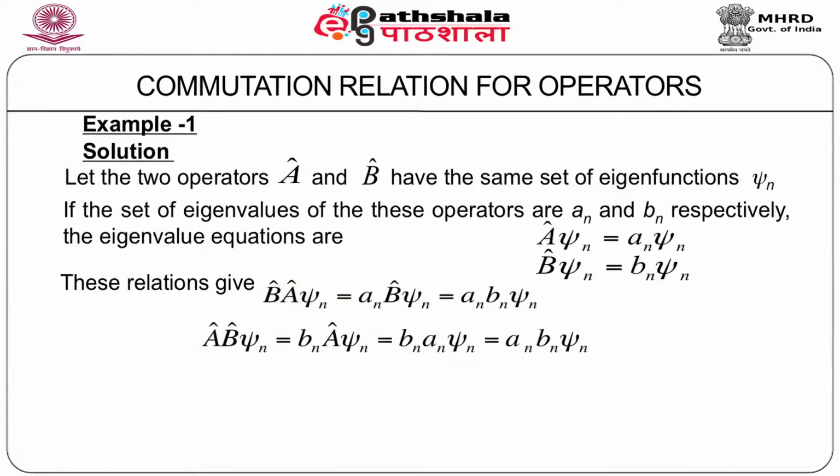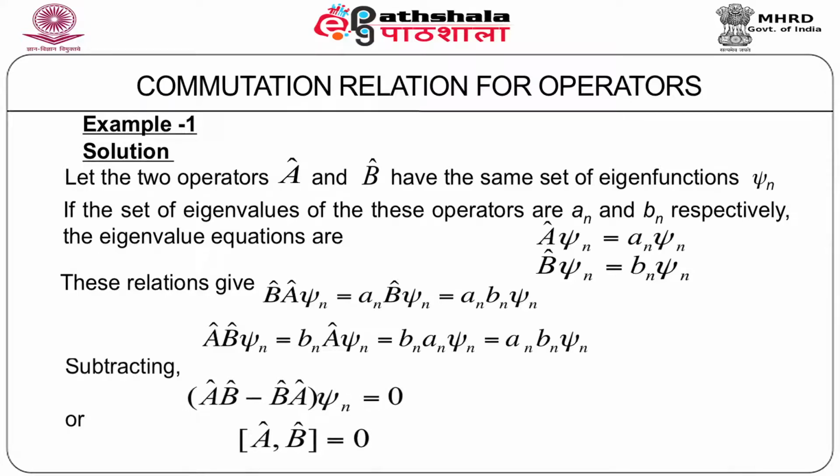So the third and the fourth equations show you that BA operating on psi n is equal to AB operating on psi n, which means that AB minus BA operating on psi n is equal to 0, which means that the commutator of A and B is equal to 0. This means that the operators A and B commute.